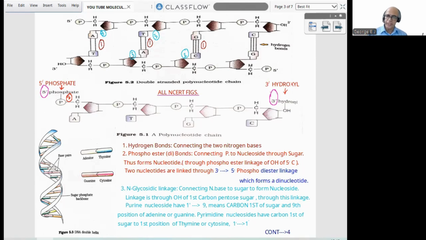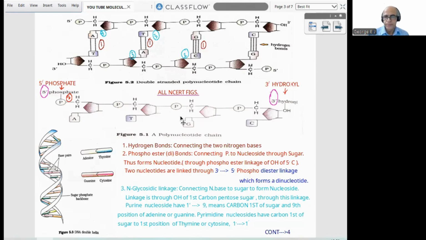Then phosphoester or phosphodiester. What is the purpose of that bond? Connecting phosphate to nucleoside through sugar. So the color is red or orange. Here it is marked. Phosphoester or diester, this one. P, here.